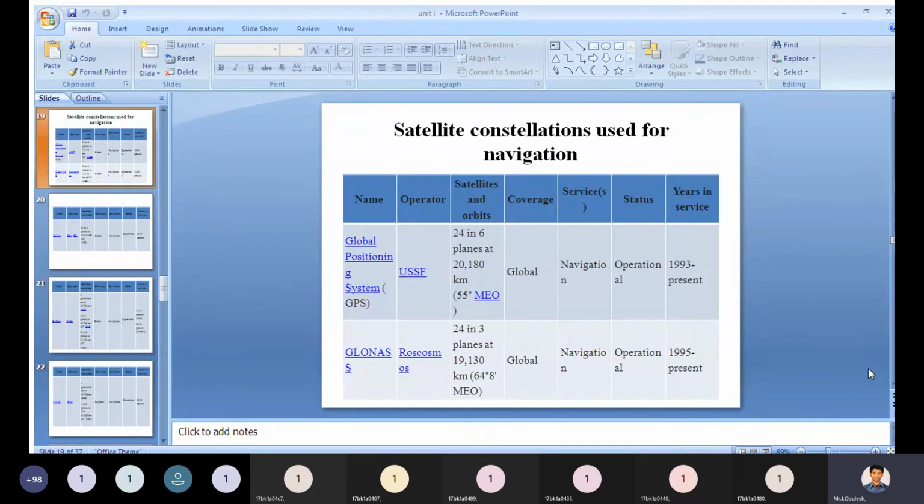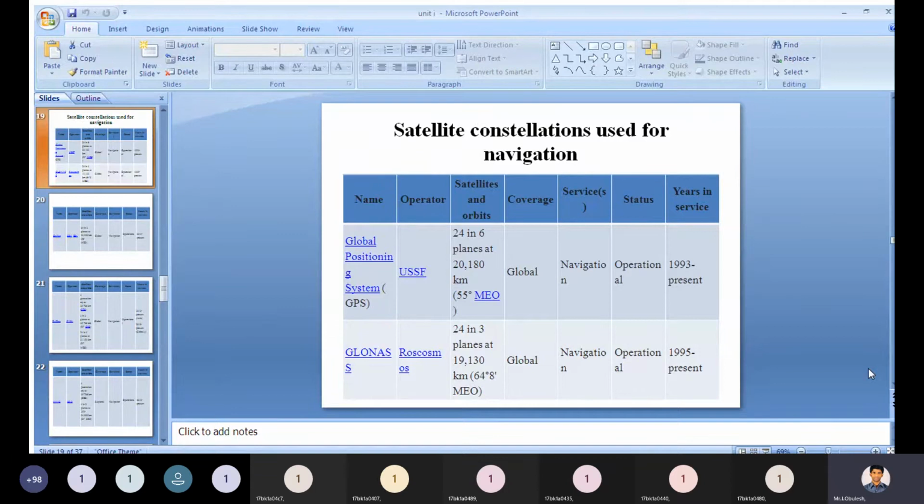Under that, the first is the name of the satellite system, who is the operator, how many satellites and orbits are used for each satellite system, whether it covers globally or regionally, what service it provides, and what the status is, whether it is in operational condition or not, and from which year onwards it has been going on.